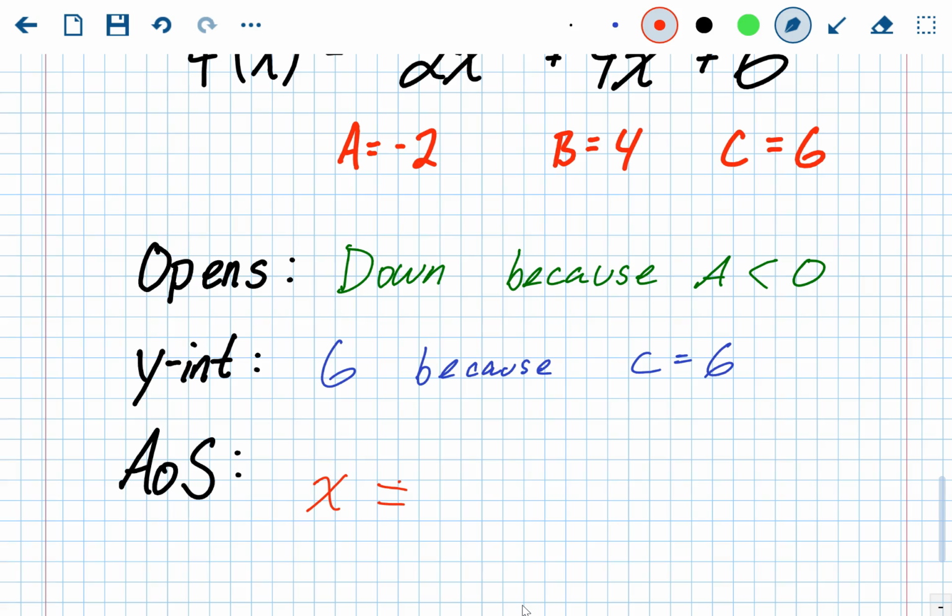Well, b is 4, so we're going to use negative 4, the opposite, divided by 2, always 2, times a, which is negative 2. So that gives us negative 4 over negative 4, which of course is positive 1. So our axis of symmetry is x equals 1.